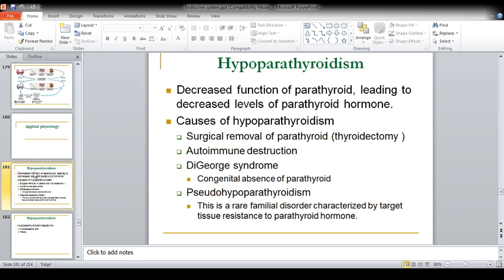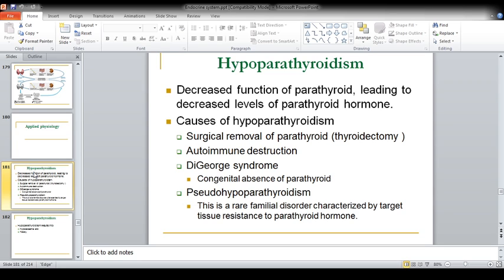So sometimes during surgery of goiter or of some other pathology of the thyroid gland, during thyroidectomy, the procedure in which the thyroid gland is being removed, the parathyroid gland is removed accidentally. Due to removal of parathyroid glands, this hypoparathyroidism occurs. Other causes can be autoimmune destruction.